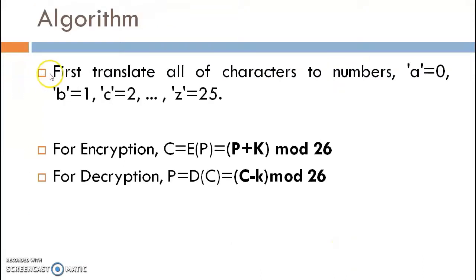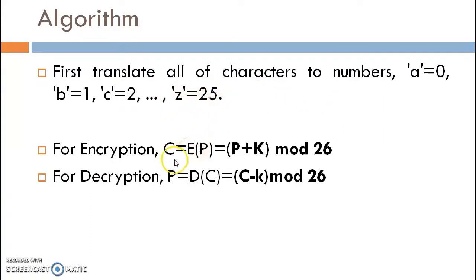Now the algorithm. First we translate all the characters to numbers, like A equals 0, B equals 1, C equals 2, up to Z equals 25.